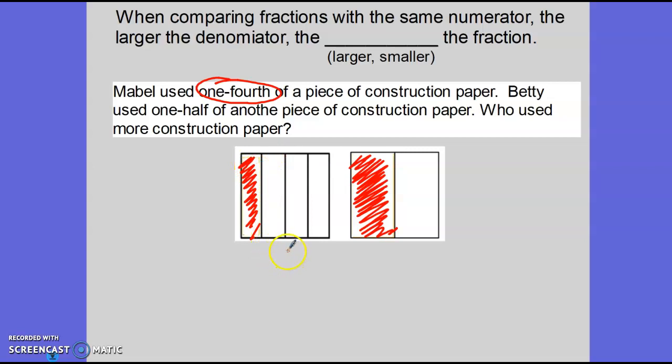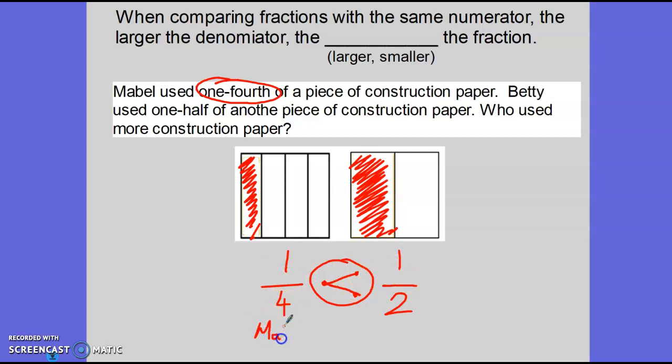So let's compare. They both have a 1 as the numerator. However, this one is cut into 4 equal pieces. This one is cut into 2 equal pieces. Because 1/4 is less, we put 1 dot. 1/2 is more, we put 2 dots. Connect the dots. 1/4 is less than 1/2.